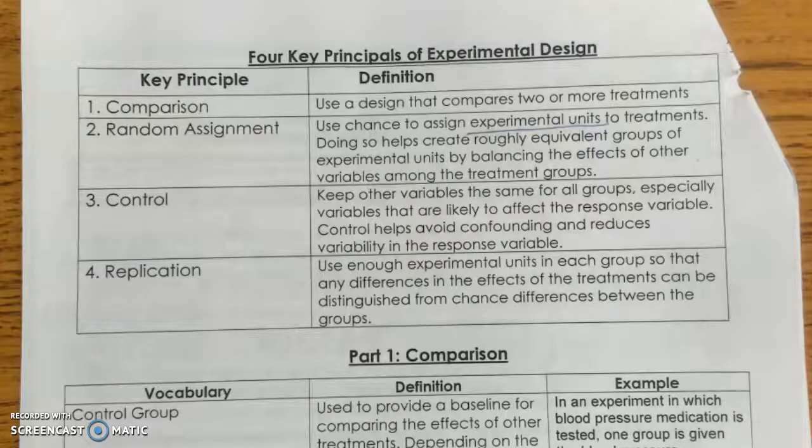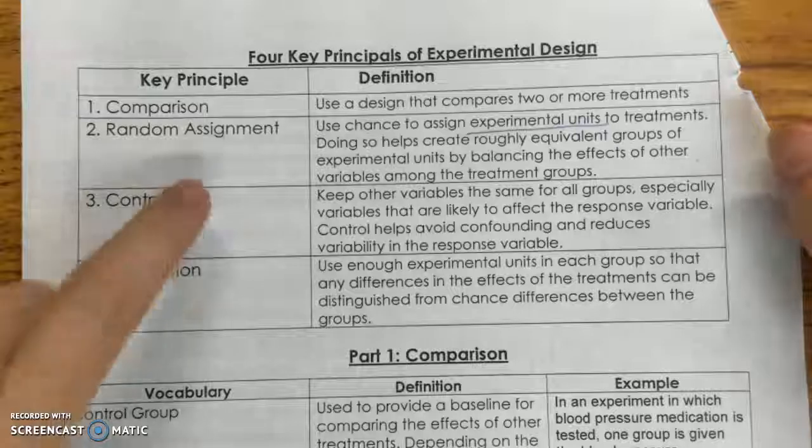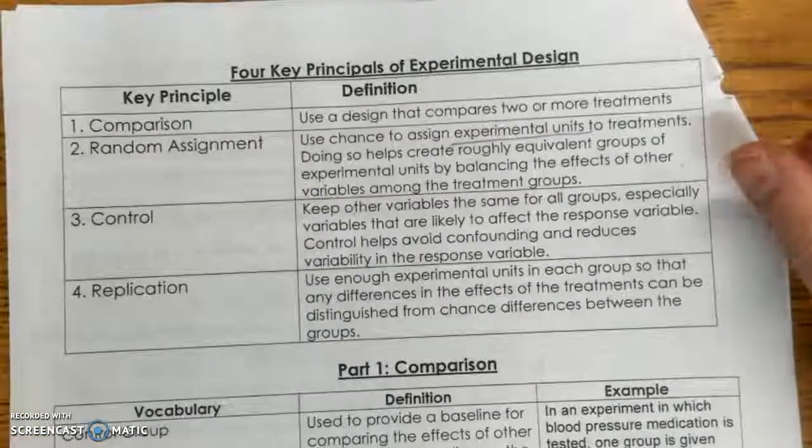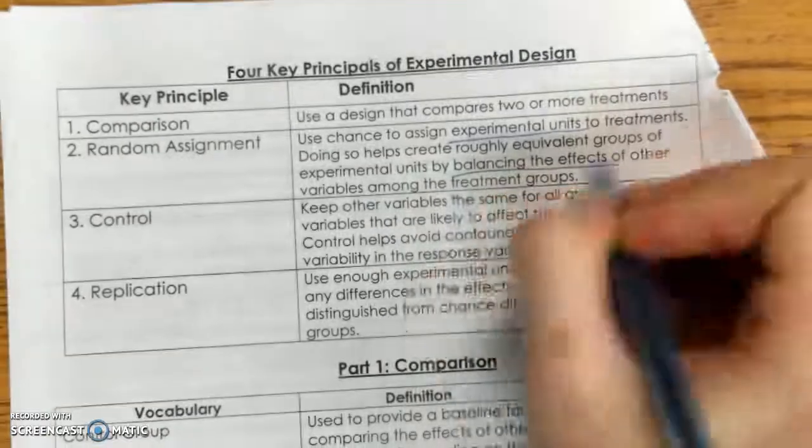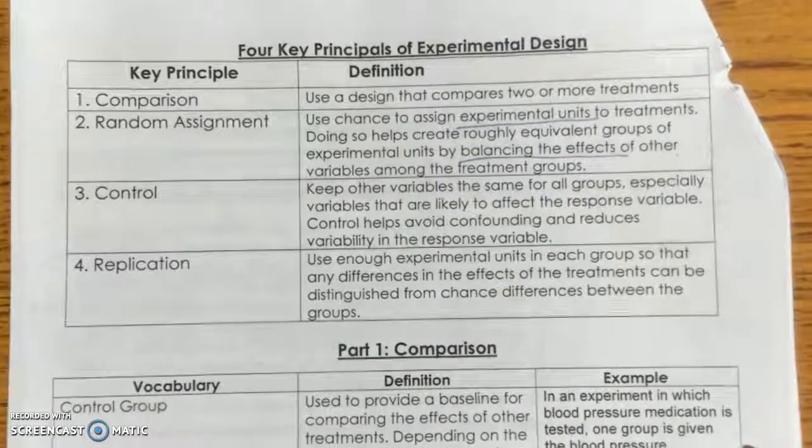Well, I should be able to have the same amount of women and men in each group so that it controls for that variable, right? So all I want to see is the change in the response variable that's due to the explanatory variable. So I have to have a random assignment to create roughly equivalent groups. That way it balances the effect of other variables among the treatment groups.